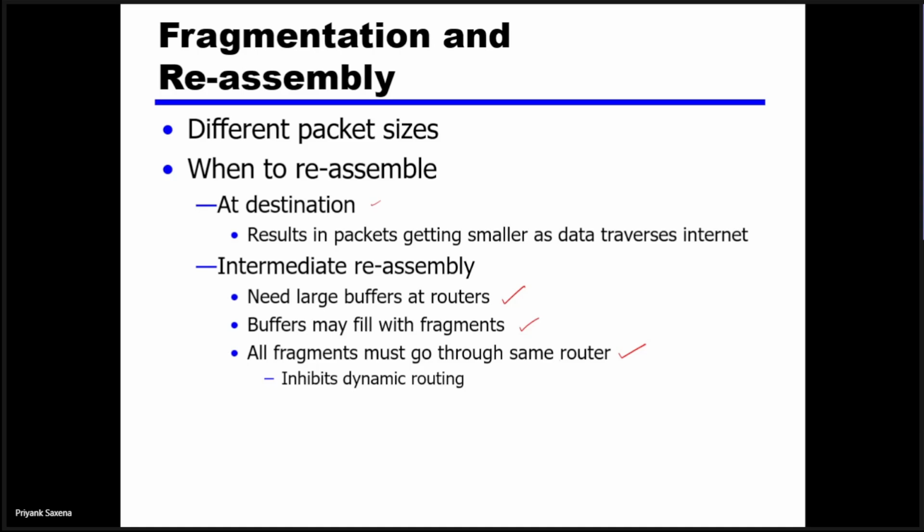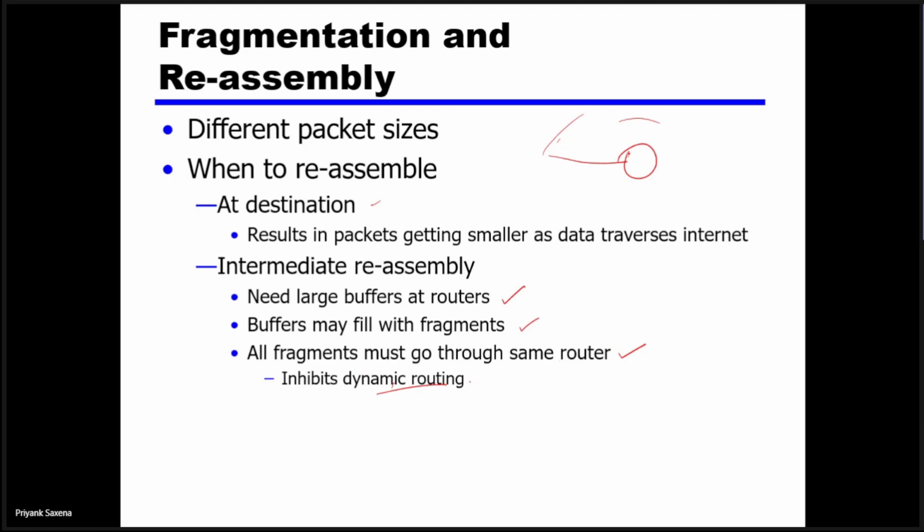But if we go for intermediate reassembly, what is the disadvantage? First of all, it violates the dynamic routing concept, because once you have fixed that all the fragments should pass through this particular router in the network, it inhibits dynamic routing.